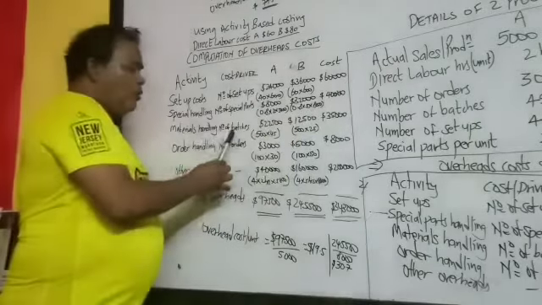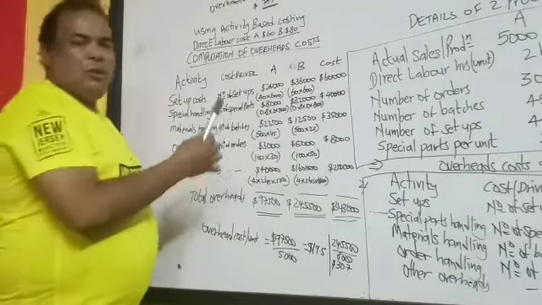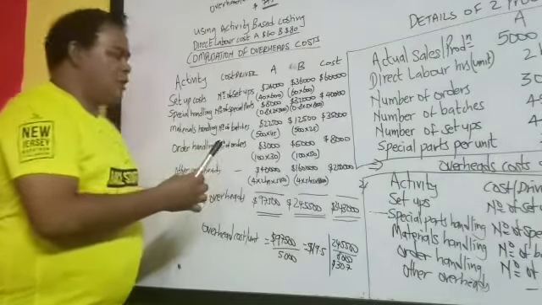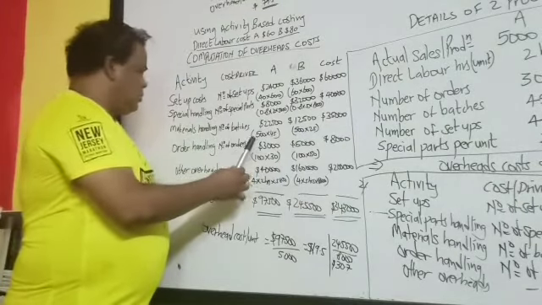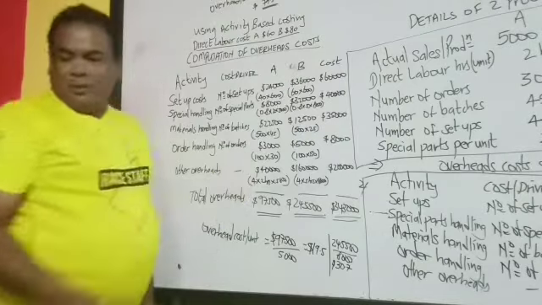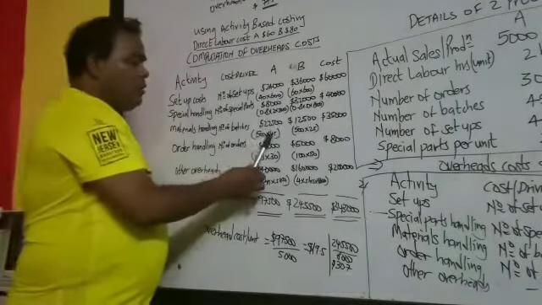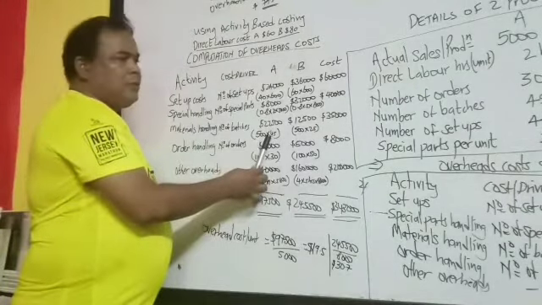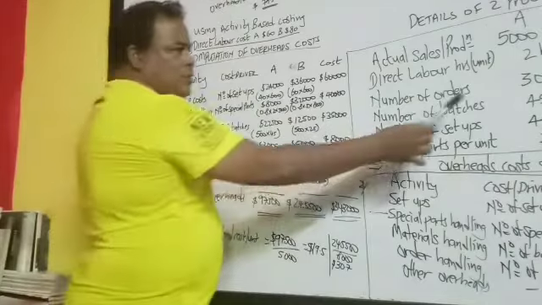Material handling will be based on number of batches. The cost driver rate for materials handling is 500. 500 times 45 batches, and 500 times 25.